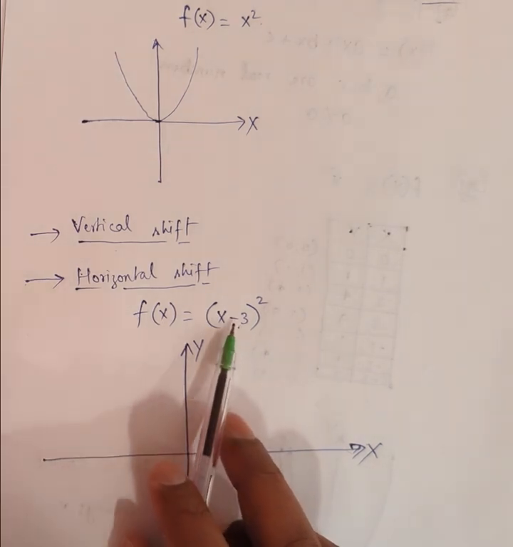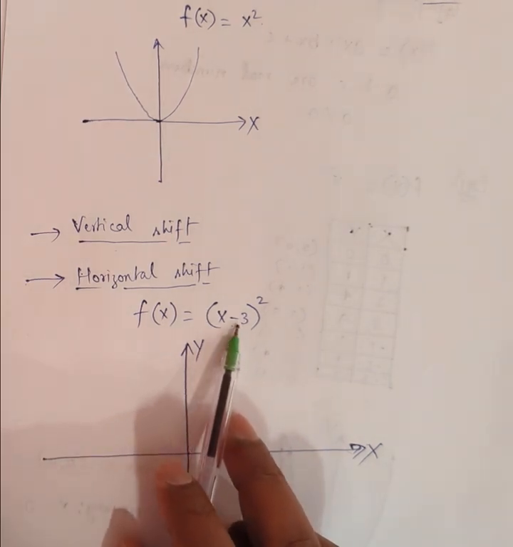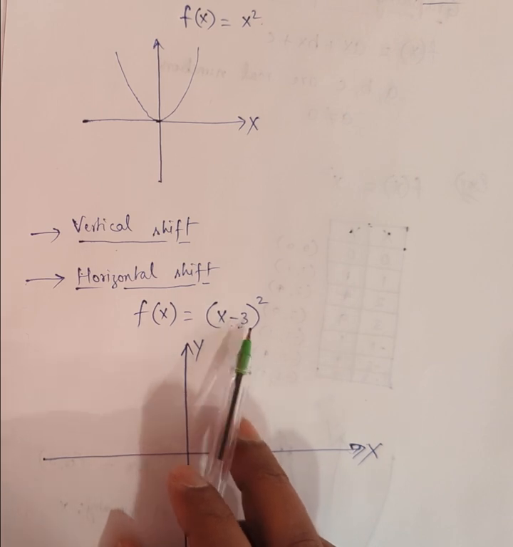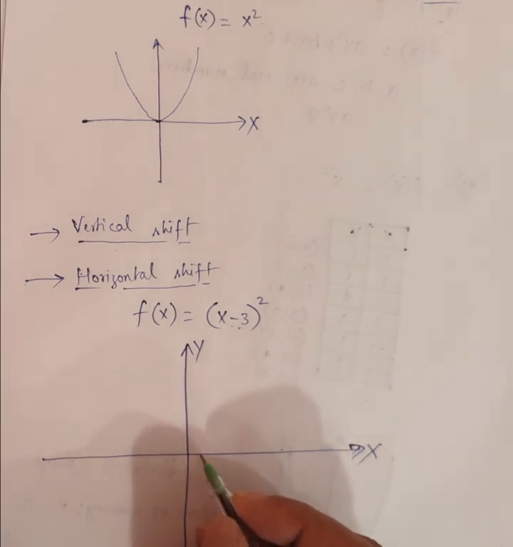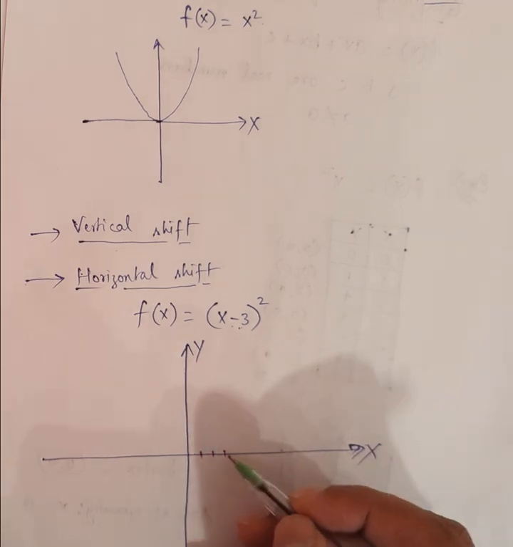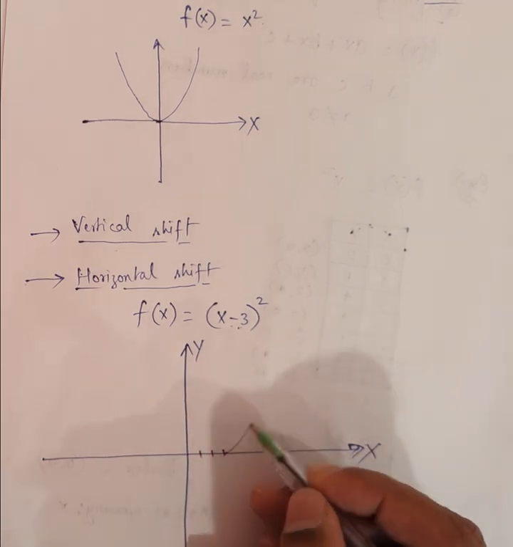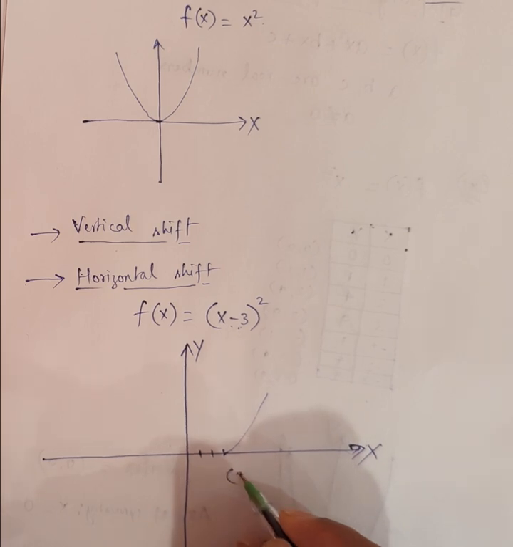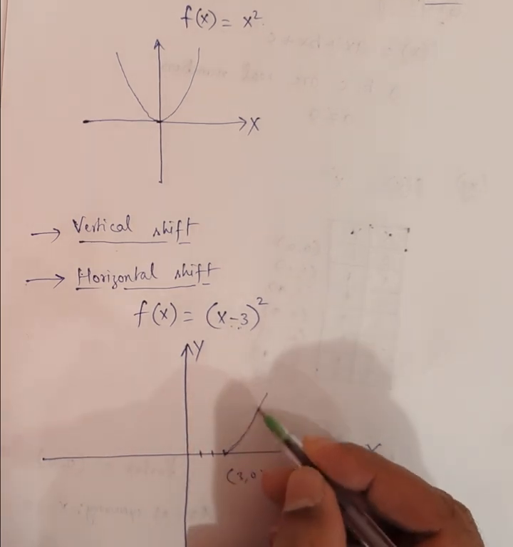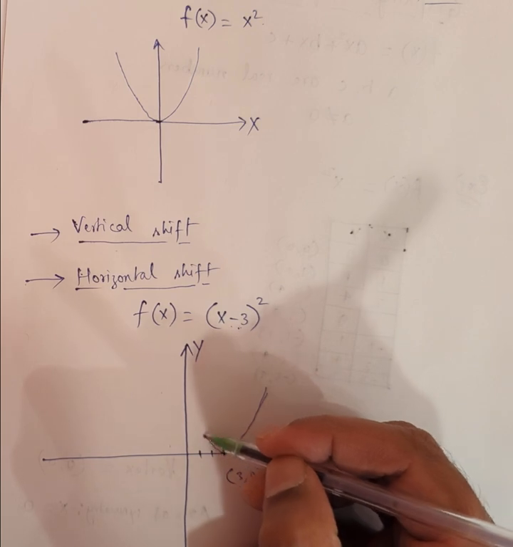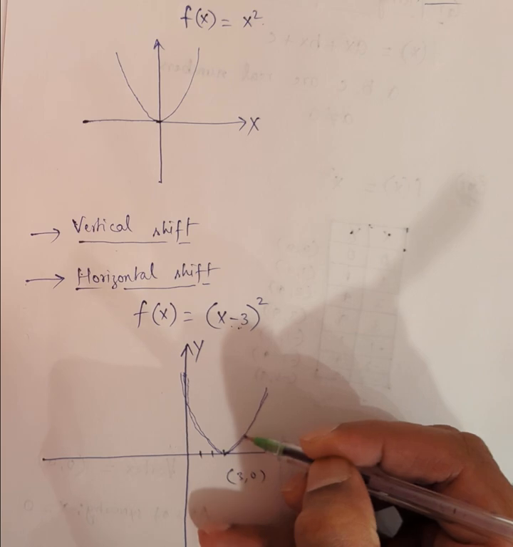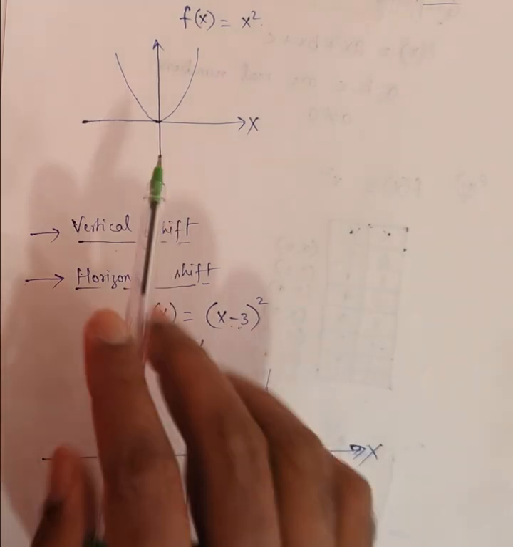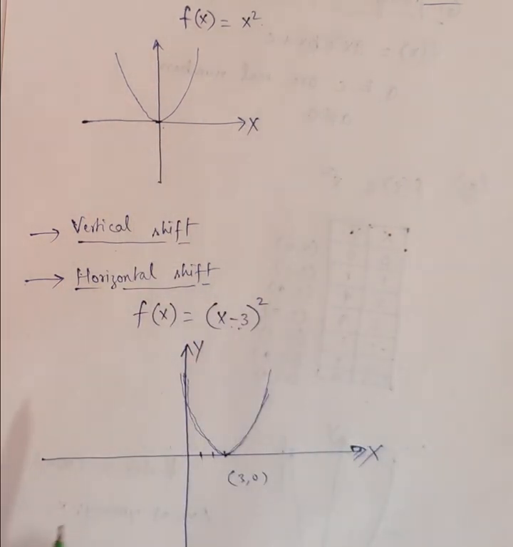moves horizontally. And here is where students might get confused. If you see negative inside the parentheses, x minus 3, then if it's a horizontal shift, it's actually a right shift of 3 units. So your vertex now moves to this point, which is (3, 0), or your entire parabola moves 3 units to the right.